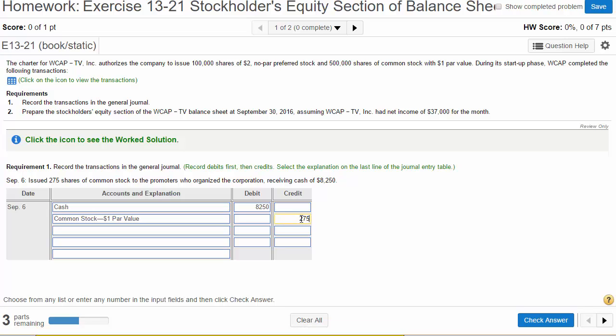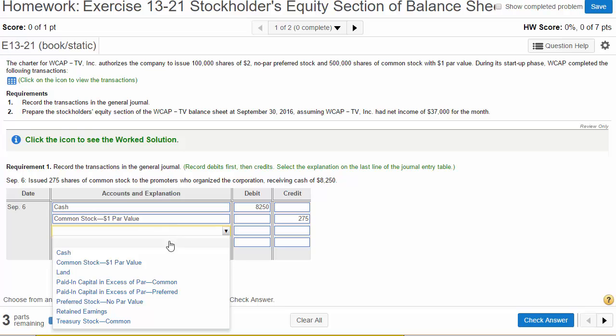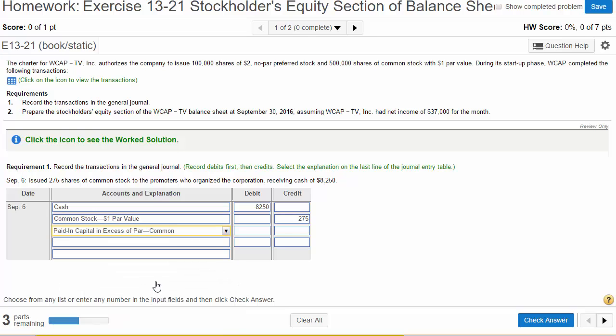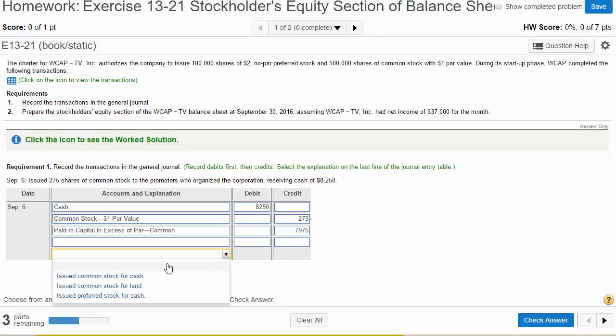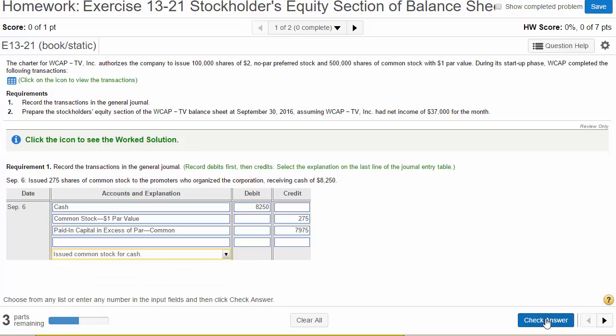Now, of course, this does not balance, so we need the paid-in capital in excess of par for the common stock, and that's going to be the balancing amount. $82.50 minus $275 gives us $79.75. And the comments in this problem say we also need to do an explanation on the last line of the journal entry. So we issued common stock for cash.